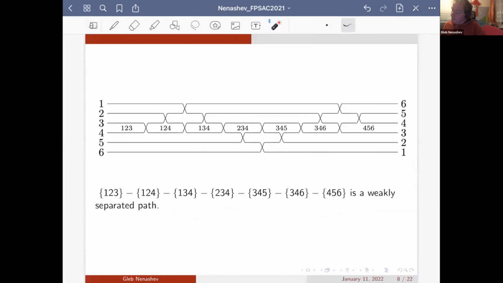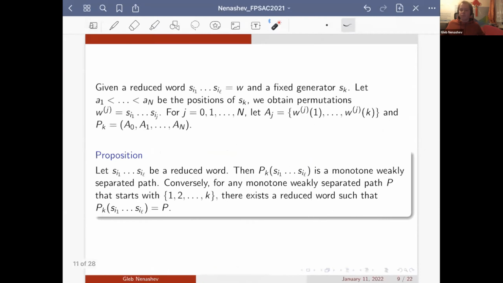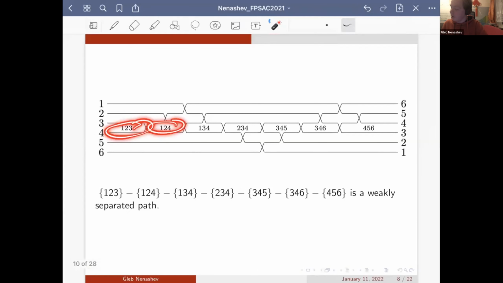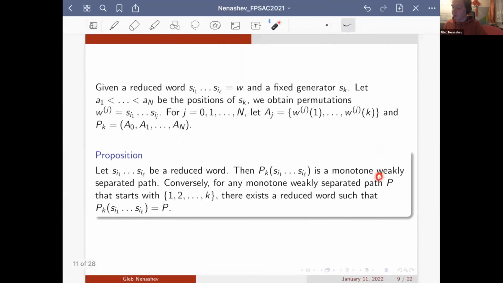Okay, and in general, this is all the methods by which we can get a weakly separated path. So if SI1 through SIL is a reduced word, then PK, this path of these sets, is a monotone weakly separated path.